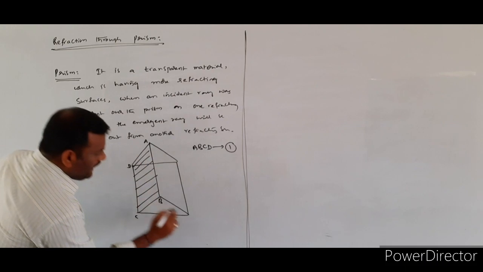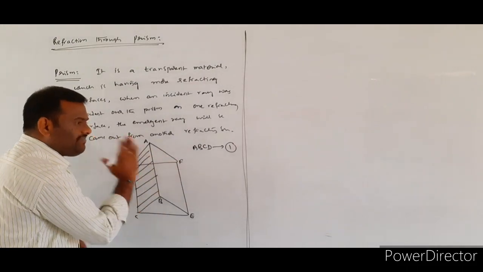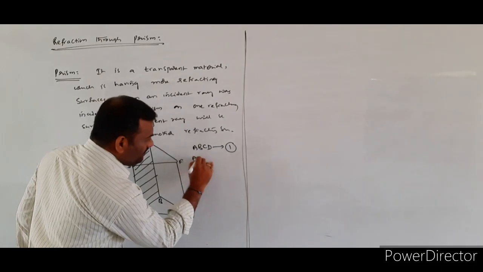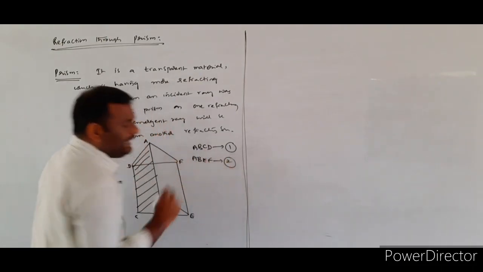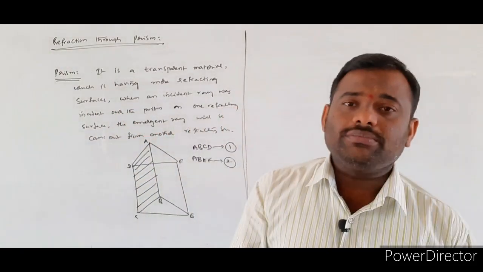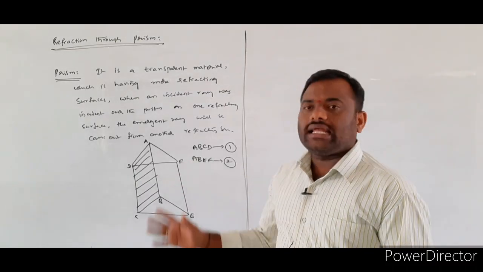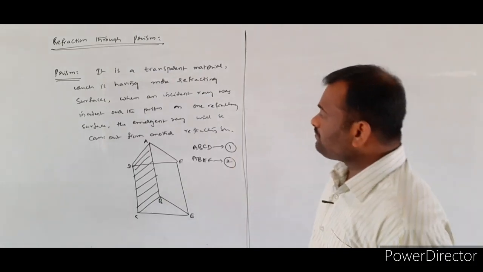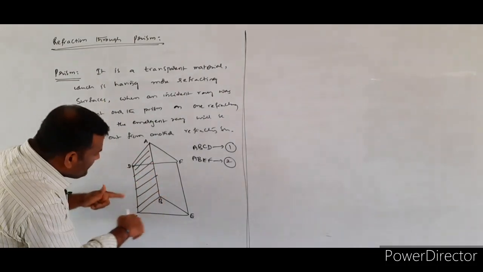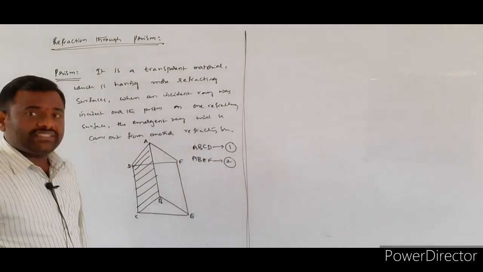And ABEF is another plane refracting surface, which exists slantwise, indicating the second refracting surface. So for the given prism it has two refracting surfaces, and through the base the light should not be refracted.